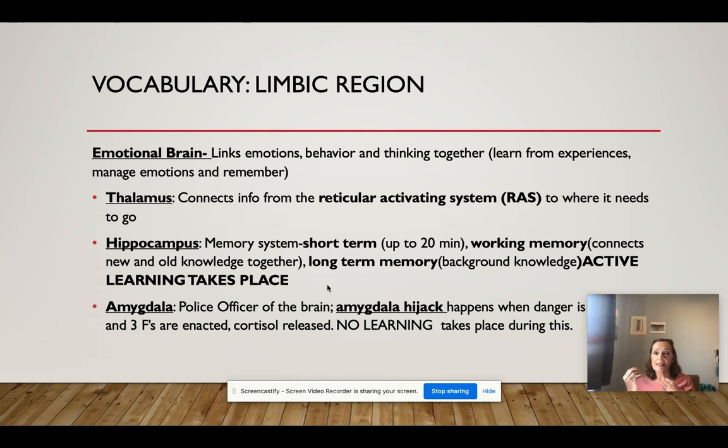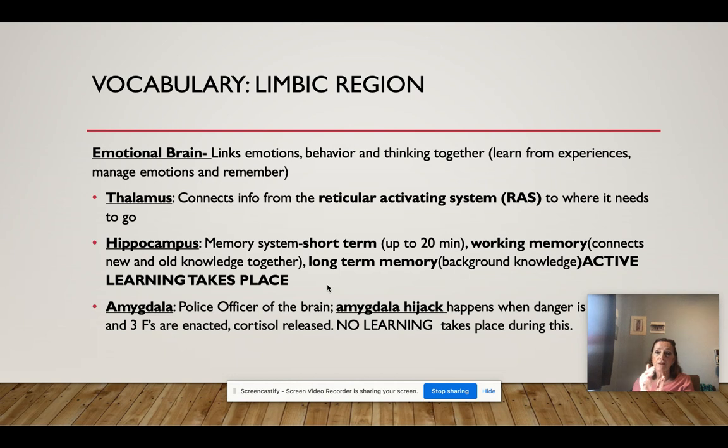Active learning takes place when the hippocampus is engaged. So again, if you have the reticular activating system activated, going to the thalamus, and then going to the hippocampus, we're good, we're learning.